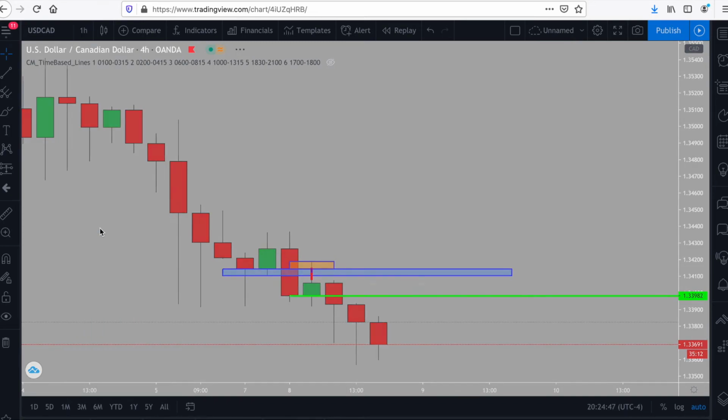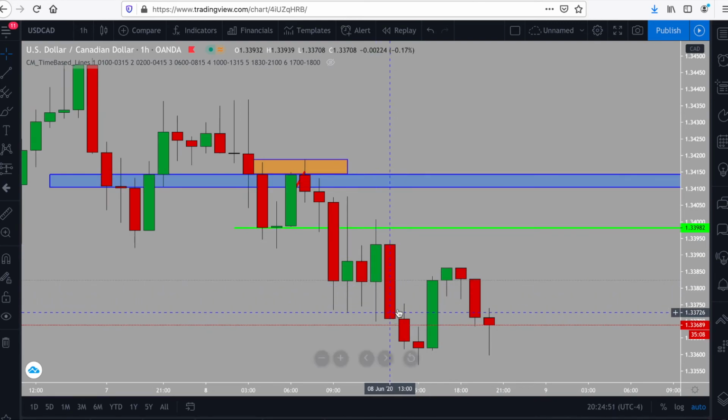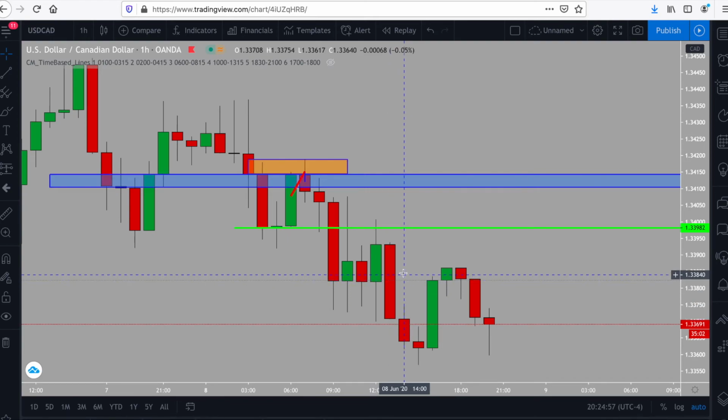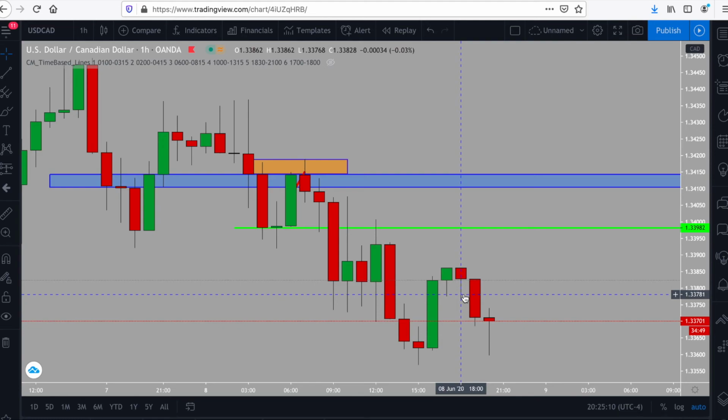And then I placed my stop loss, I think like 10 pips above after I had taken profit, and it kind of went against me and stopped me out. However, I was still in profit when it stopped me out, and I had already taken profit the first time for my TP1.